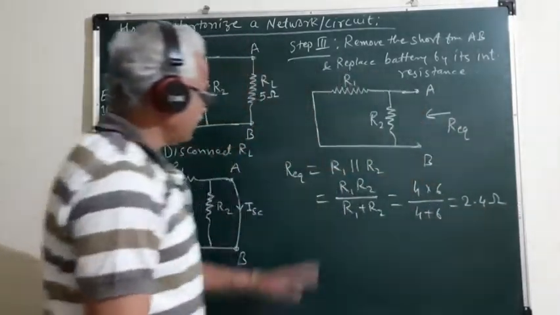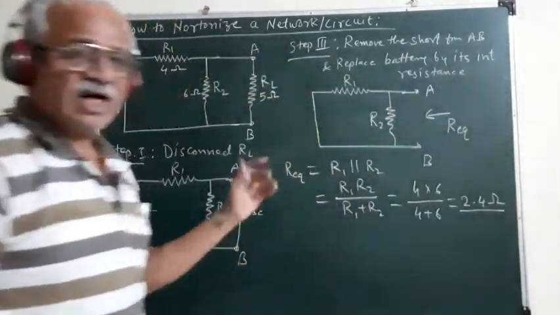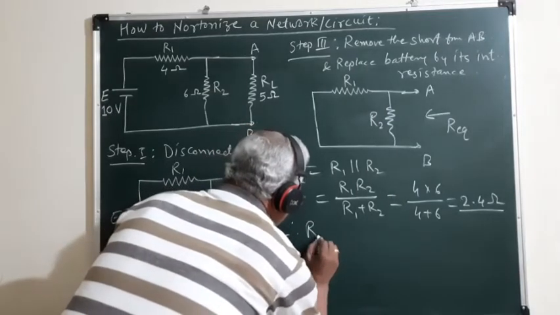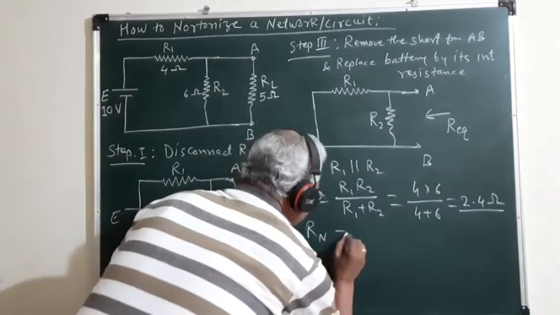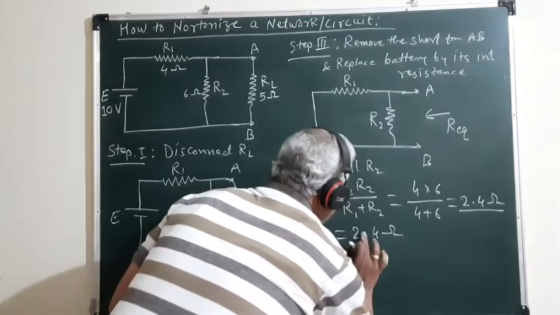This R equivalent is the Norton resistance RN. So RN works out to be 2.4 ohm.